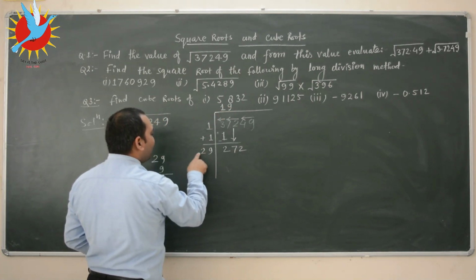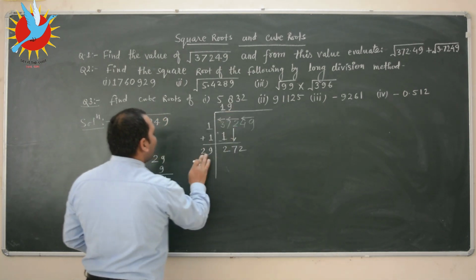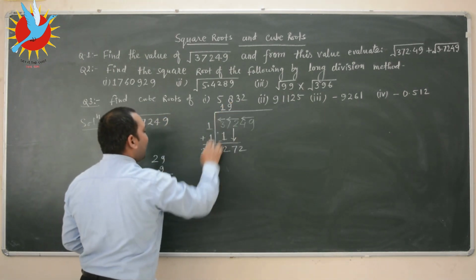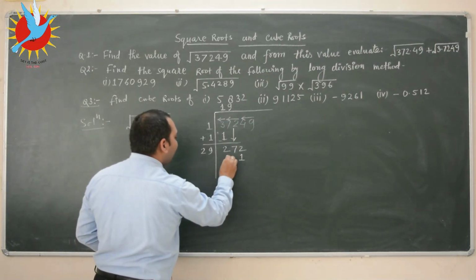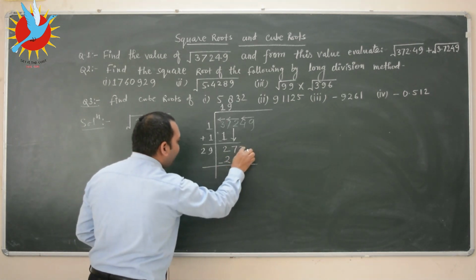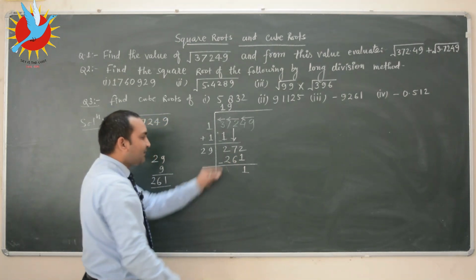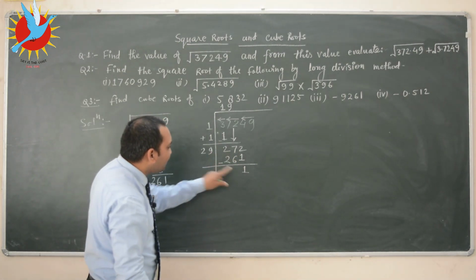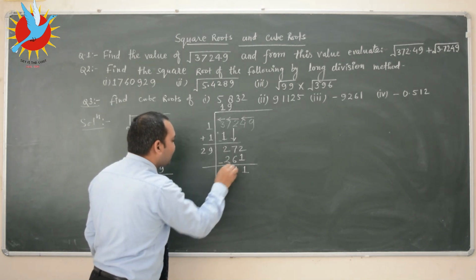Now once again subtract: 2 minus 1 is 1, 7 minus 6 is 1, and 2 minus 2 cancels.